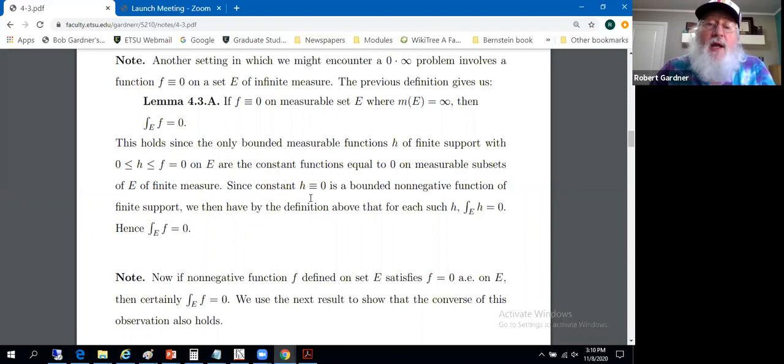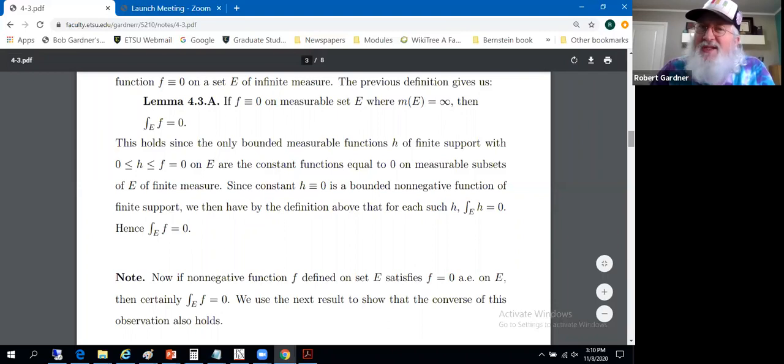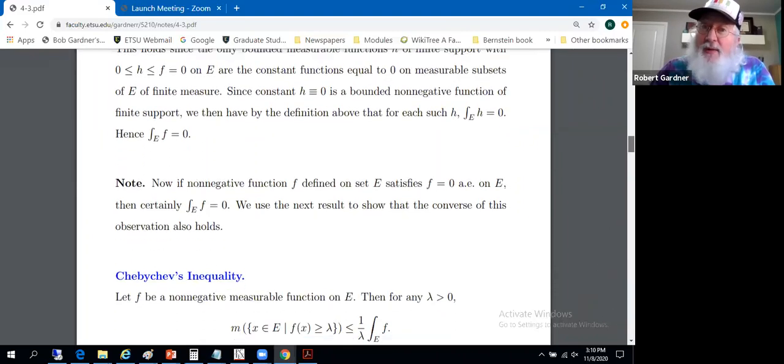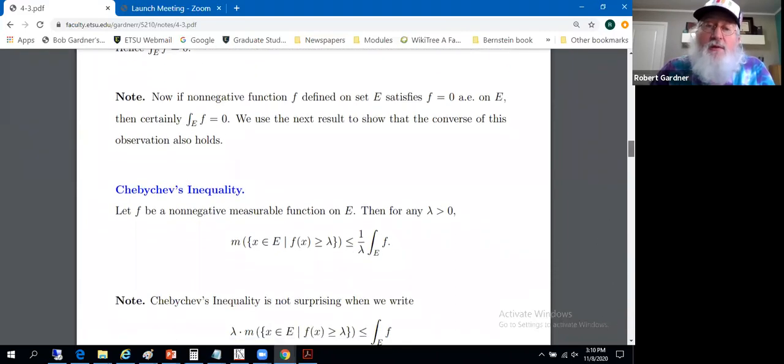And when h is 0, a bounded function on a set of finite measure, then the integral of h is 0. So when we take the supremum from the definition, we'll get an integral of 0. So a couple of weird things involving the extended real numbers. Yeah, we get behaviors that would be expected as spelled out in those two results.